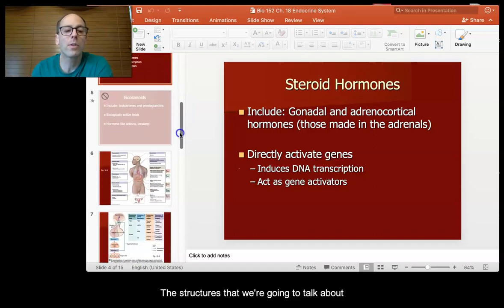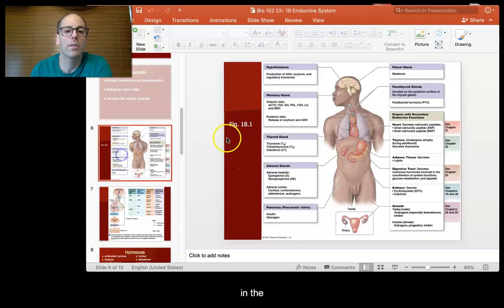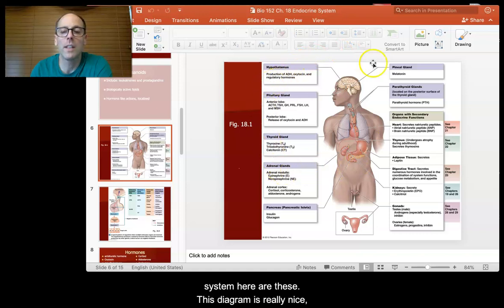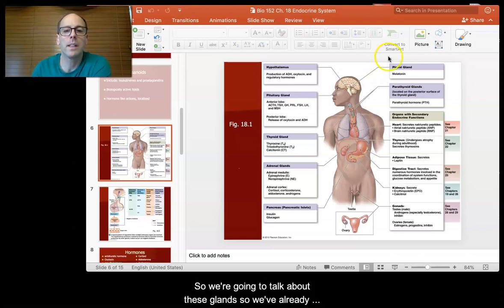Now, the structures that we're going to talk about in the system here are these. This diagram is really nice. It has all of the organs of the endocrine system on it. Now, some of these structures aren't part of the endocrine system directly. They do have endocrine function, but they're not considered part of the endocrine system. So we're going to talk about these glands.